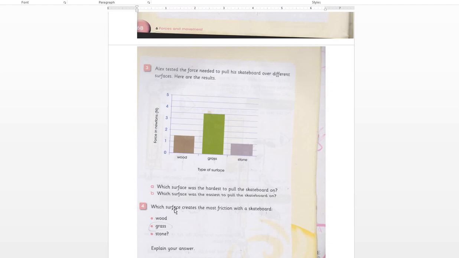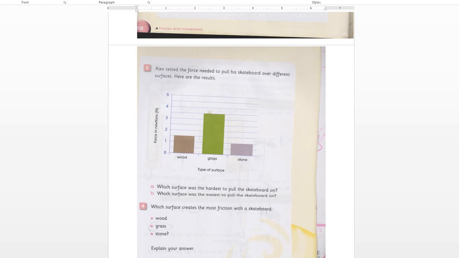Alright, let's check number 4. Which surface creates the most friction with a skateboard? It is grass. And I ask you, explain your answer.